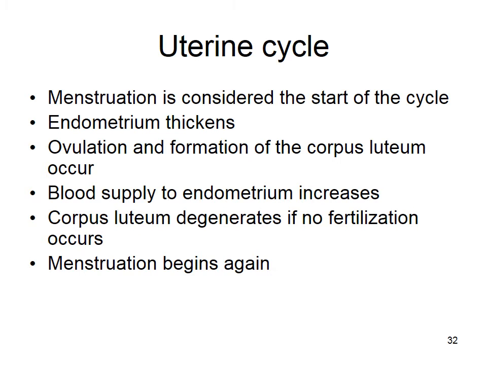The endometrium thickens during the follicular phase because that developing follicle produces estrogen only. So estrogen only causes the endometrium to thicken. Estrogen plus progesterone causes increased blood supply.